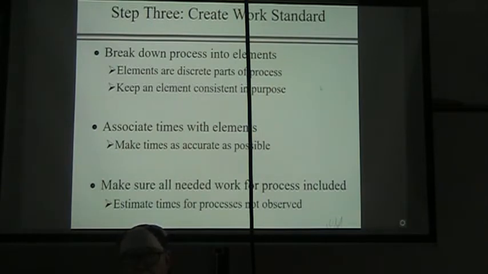All right, so then we've talked to the operator about the process, we've observed the process and videoed. Now we're going to break the process down into elements. In other words, an element is a discrete part of the process.